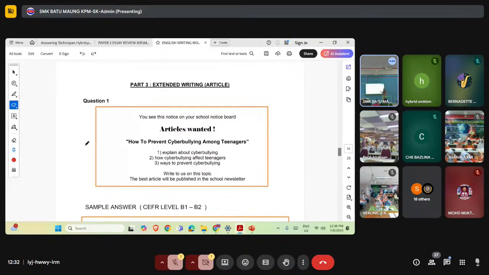Language. What kind of language do we have to include in this essay, articles? Number 1, okay, appropriate language, appropriate words. Not only that, look at your sentence structure. What kind of sentence do you have to write in part 3?